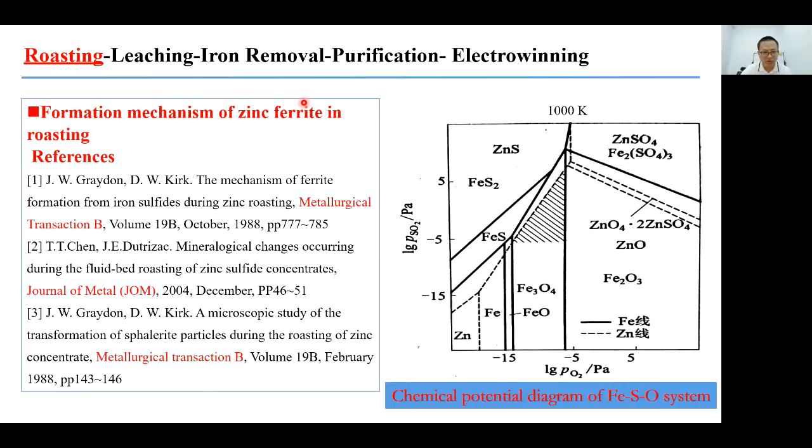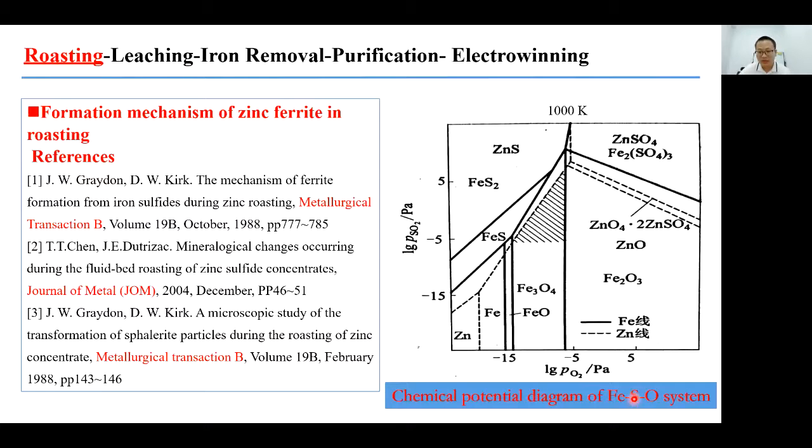In copper, we should remove the iron by slagging. And in zinc, we should remove the iron by the iron residue or by some other form. But in the roasting part, how iron behaves is also under our consideration.